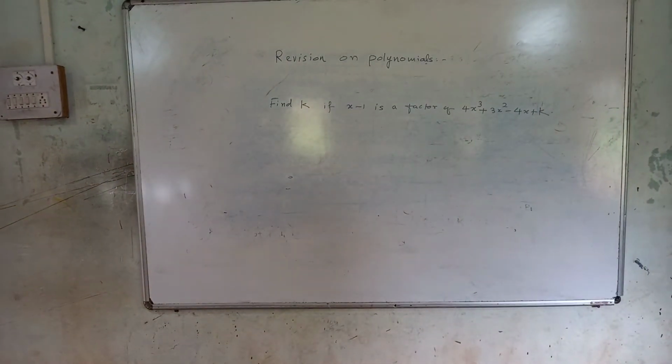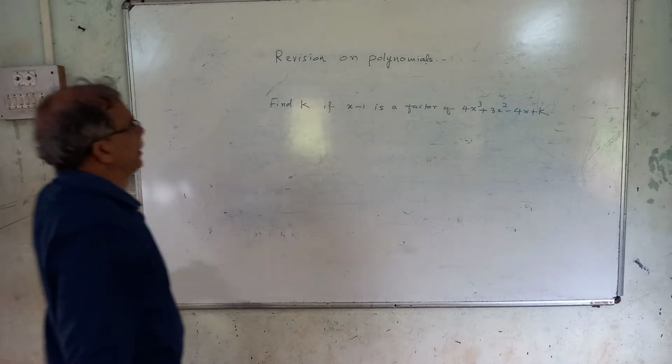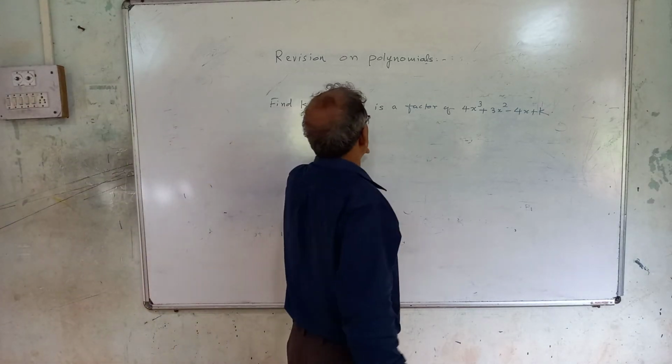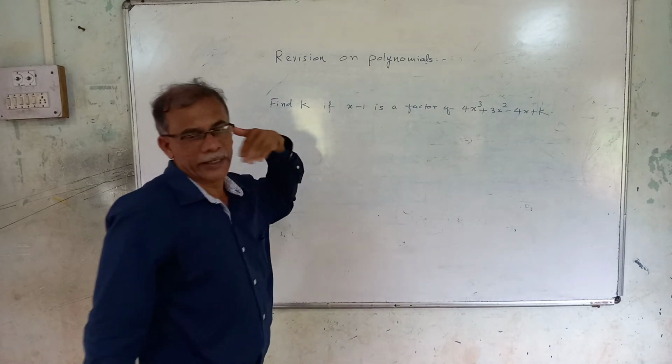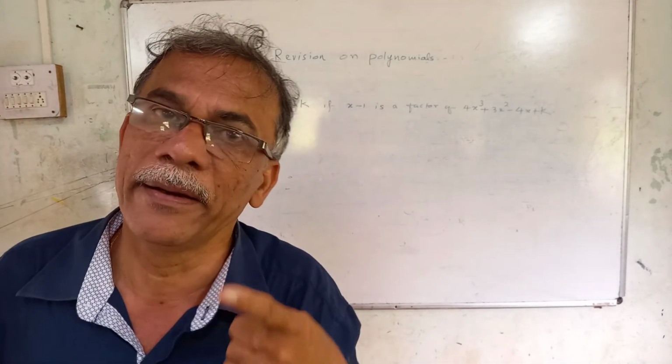Now when we say one number is a factor of another, if the first number divides the second completely, means remainder is 0. Now going back to remainder theorem, if we are going to divide this polynomial by x minus 1, we shall say that it is a factor if the remainder is 0.